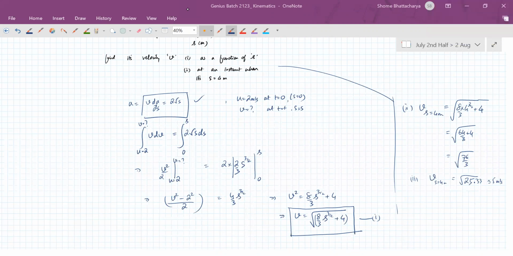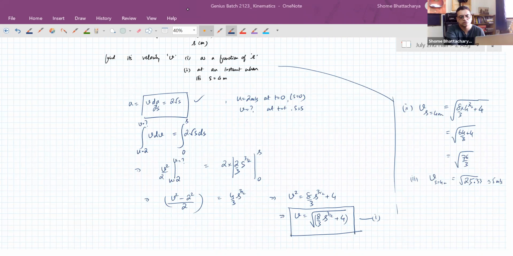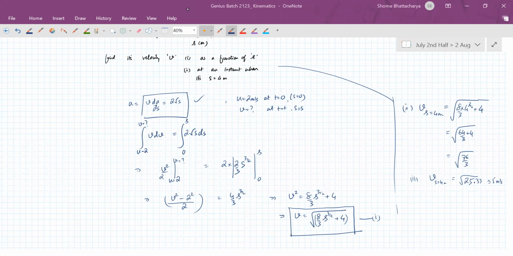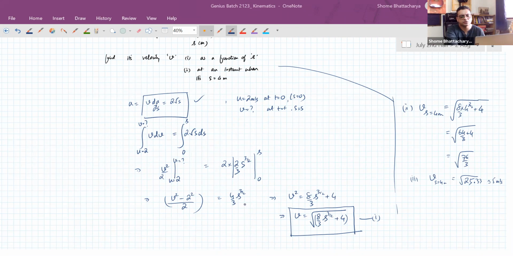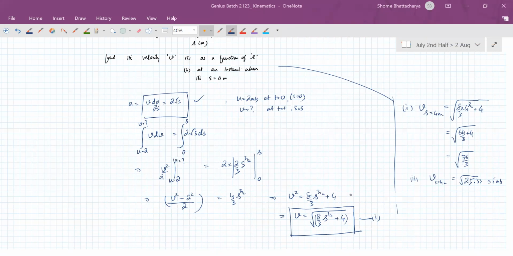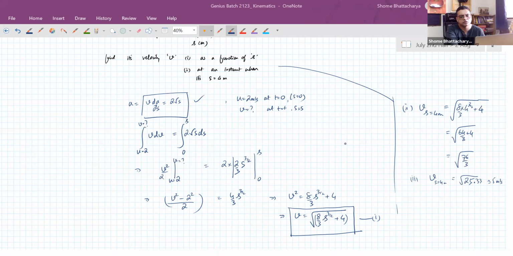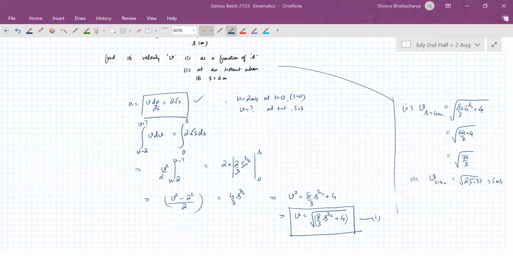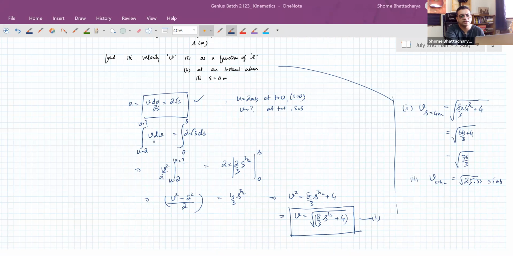Can you explain the second last step, the first part or second part? The left hand side part. Yeah, second last step, how we got this? Achha, see, transfer the 2 on this side. v square minus 2 square by 2 is equal to the above one. See, on the left hand side now you have integration of v dv.